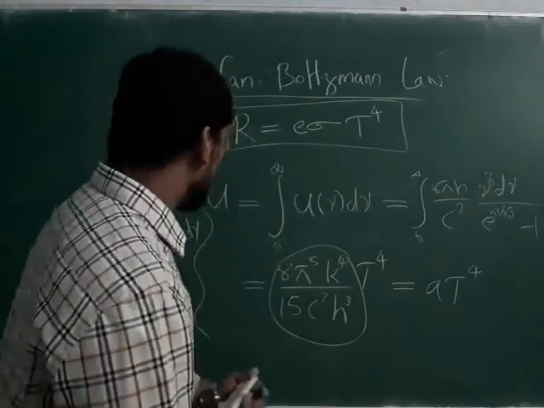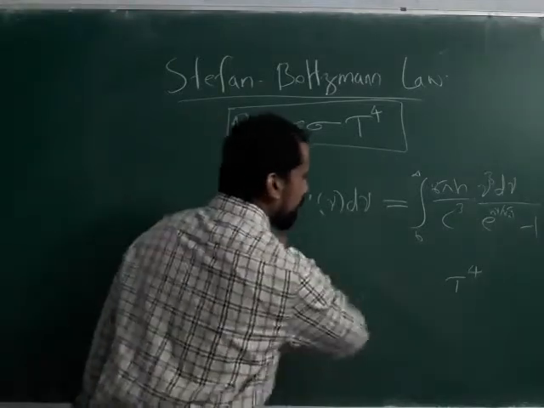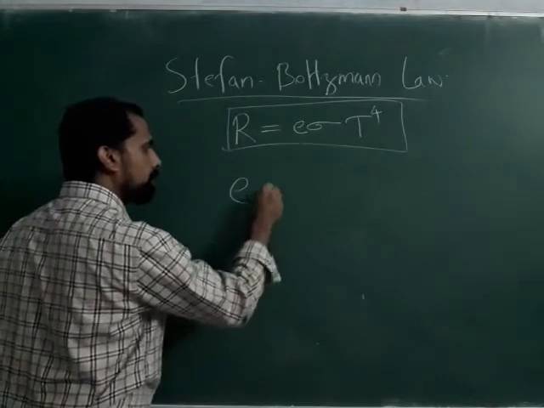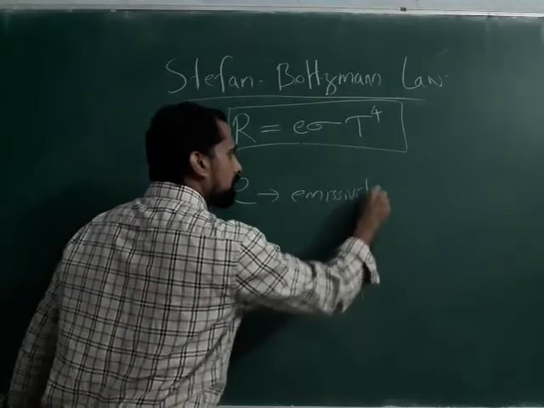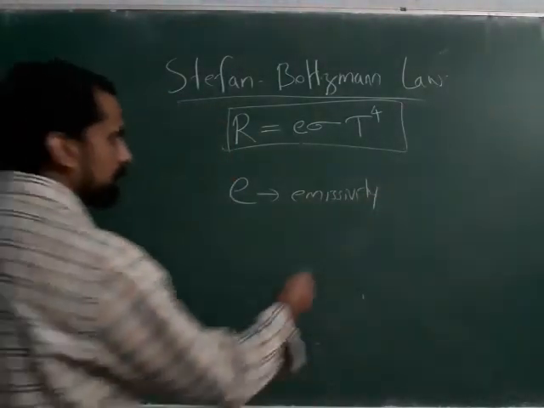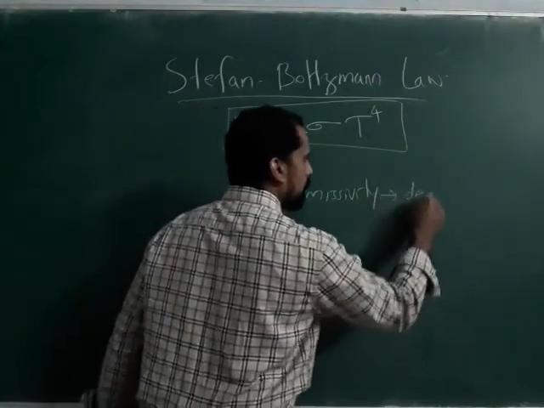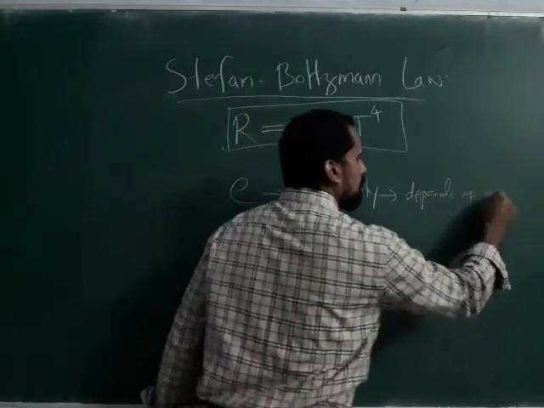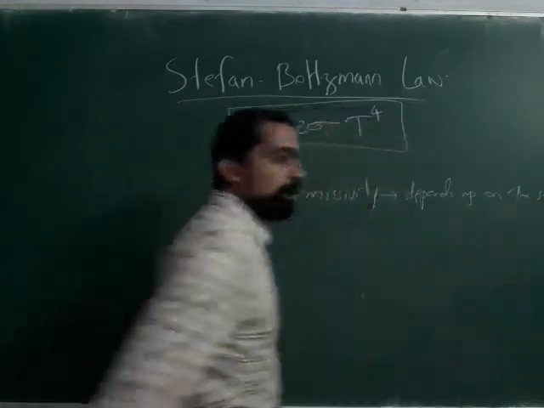Here I will write, this is the Stefan-Boltzmann law, and this E is called the emissivity, and it depends upon the surface of the object.